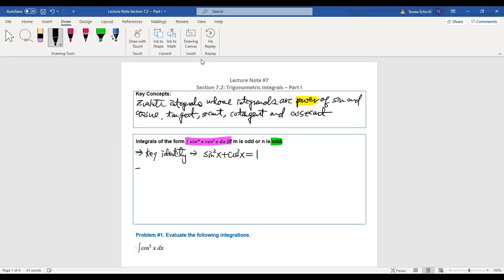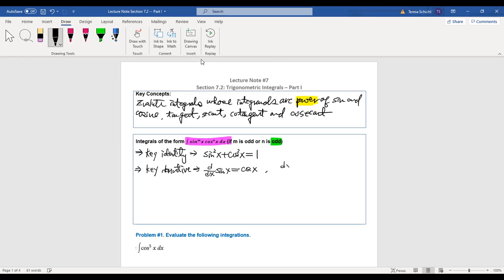Another thing is a key derivative we're going to use for this type of situation. This is very fundamental. If I take the derivative of sine x, it's cosine x.